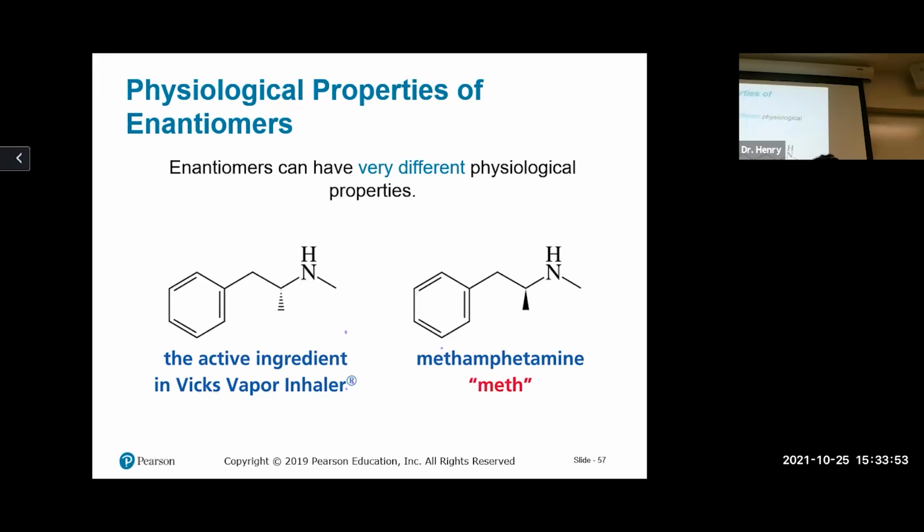I probably shouldn't say that because I wonder how many people now are going to go out and buy Vicks vapor inhalers and then make it into meth. So these guys have different physiological properties. One will rot your teeth. One will actually allow you to be decongested. One will keep you up all night. One will help you sleep.